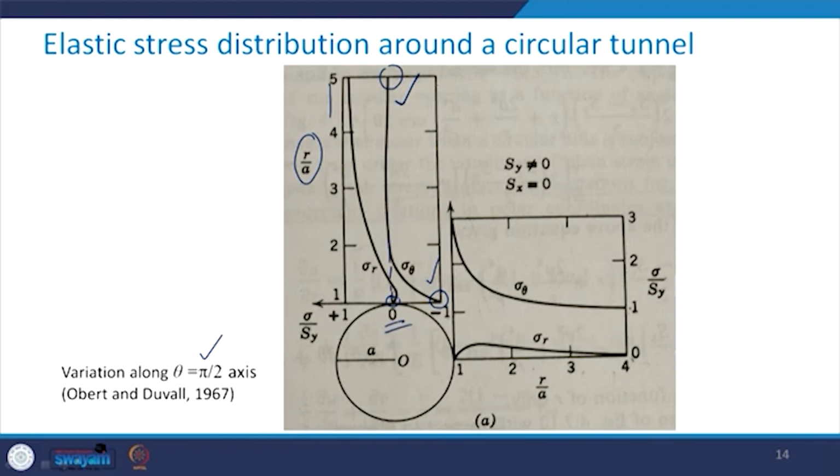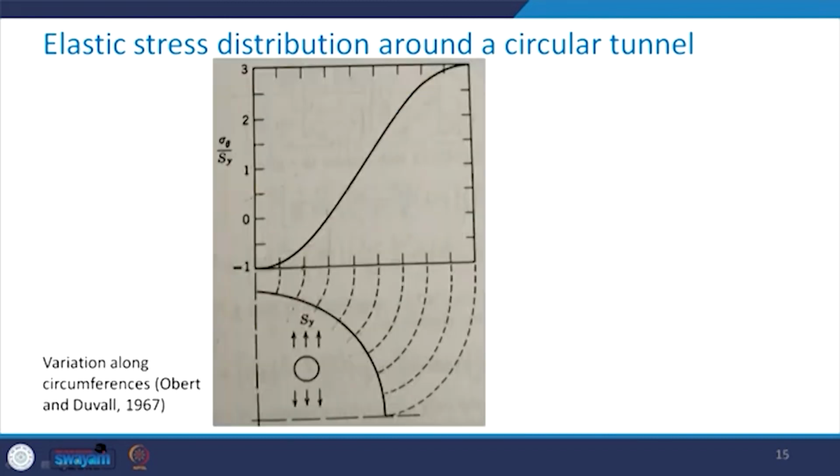In case of sigma r, at r tending to infinity or r by a going to 4 to 5, sigma r upon Sy tends to plus 1, you see here. So, this is how the variation along the crown looks. Now, this is the variation along the circumference.